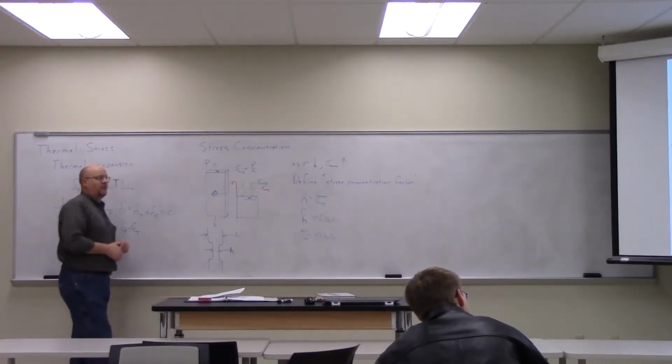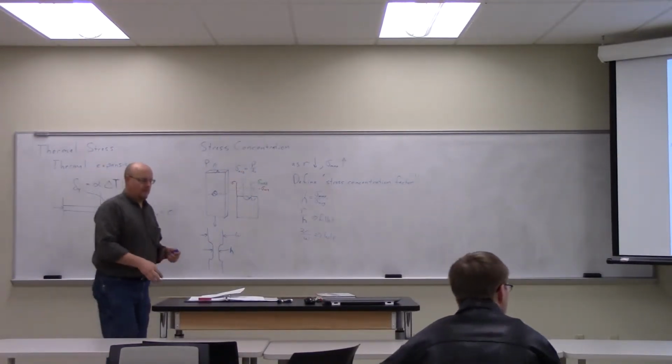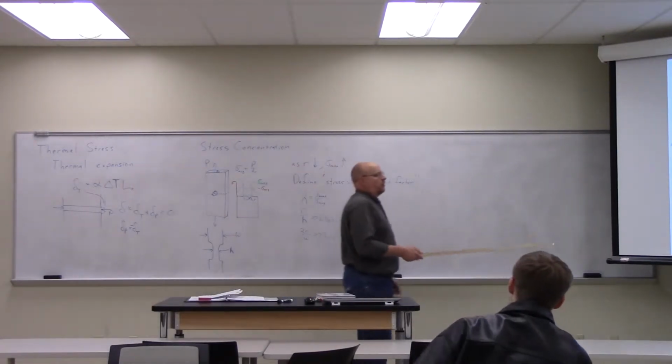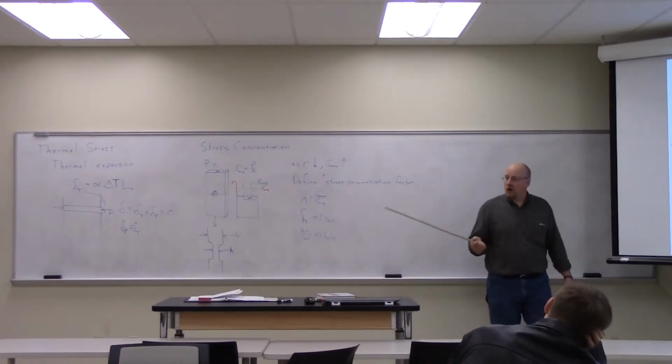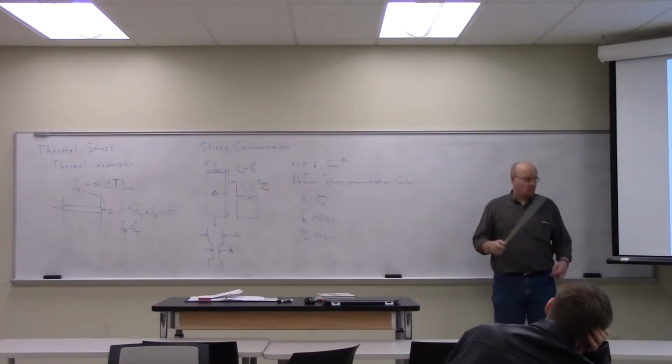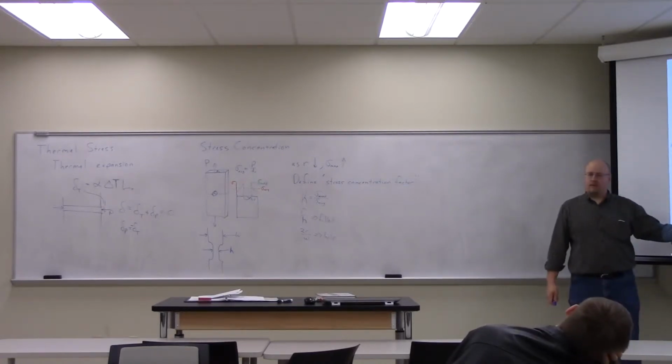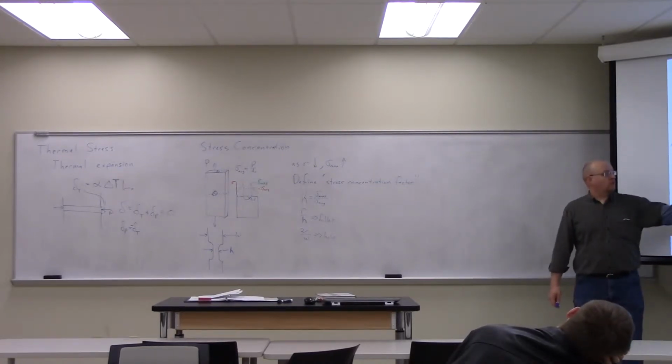Okay, so everything's defined in terms of those things. And as a result, you can see the stress concentration factor. As R gets smaller, we're moving from right to left on this graph, and the stress concentration factor goes up. But it's not a linear relationship.